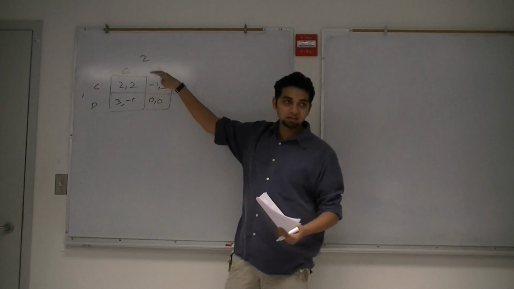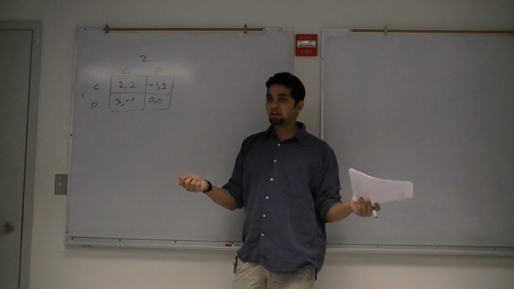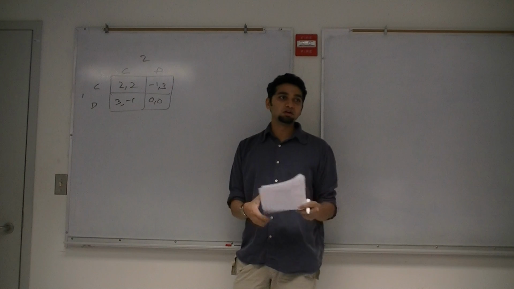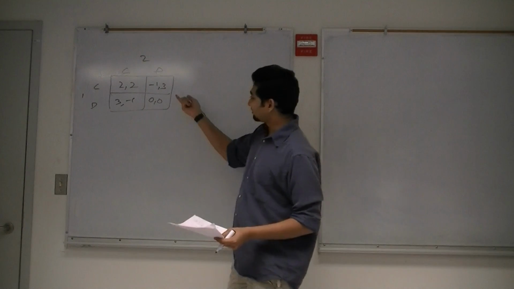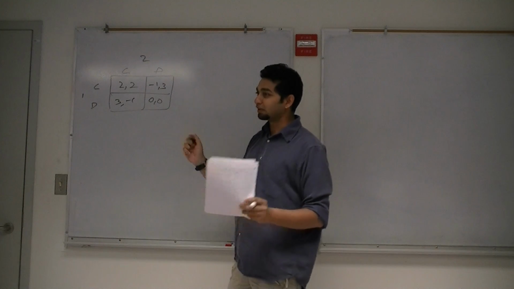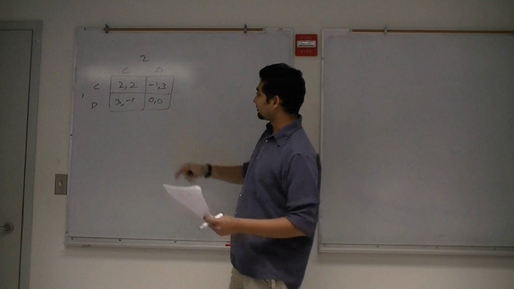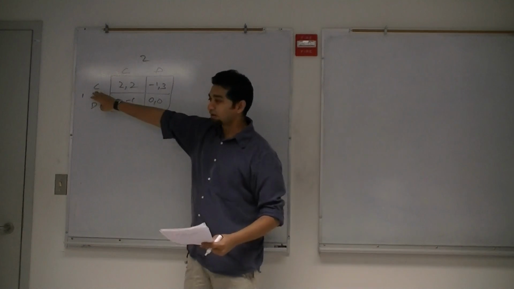This is the simultaneous game from last time, where each player plays his move simultaneously, so you don't know what the other player has done. This is a classic example of what they call the prisoner's dilemma in game theory, where a prisoner tries to either cooperate with or defect on the other prisoner.